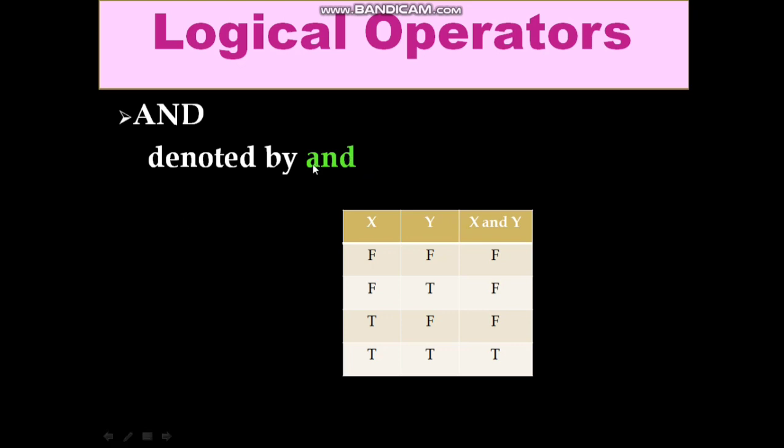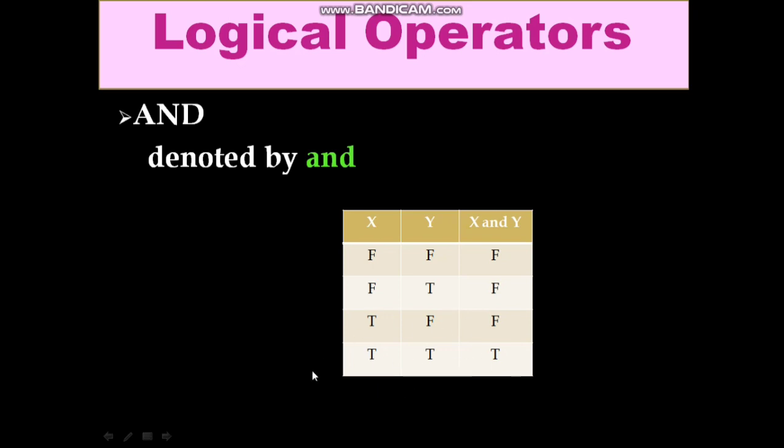When any one of the inputs is false, then your output will also be false. So that is how the AND operator works.